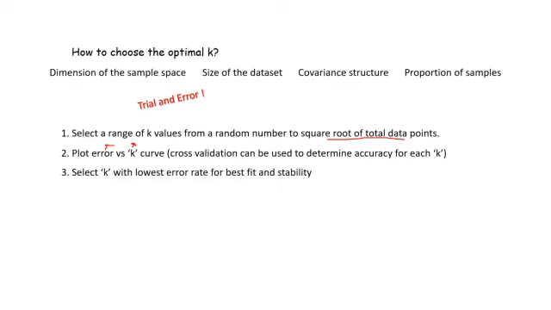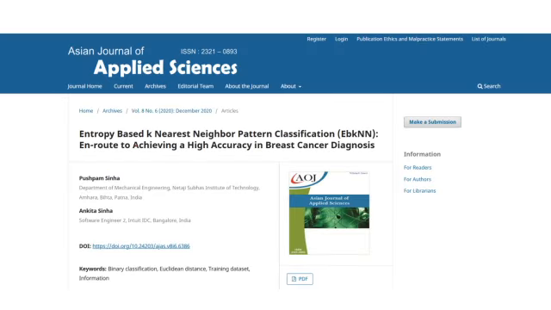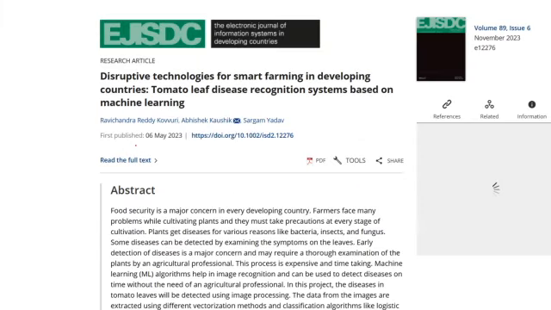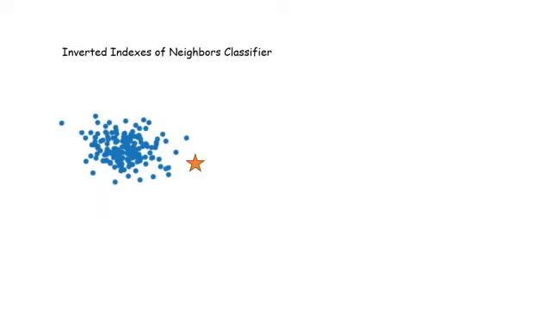They are not using one neighbor, two neighbor, three neighbor. Instead, they're using all the neighbors, and depending on the distance, the decision is made. How is it done? In fact, these are the two papers, this is a 2020 paper, this is a 2023 paper. So both have used this technique. This is known as the inverted indexes of neighbor classifier.